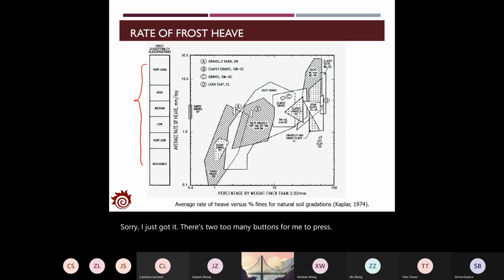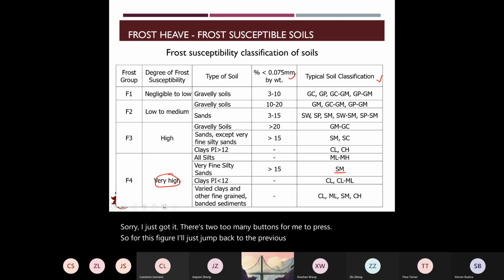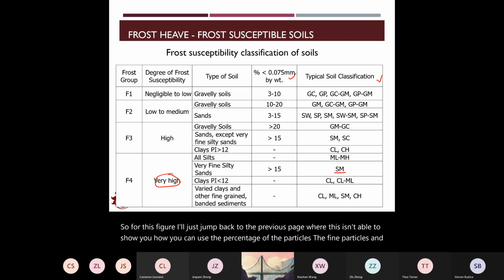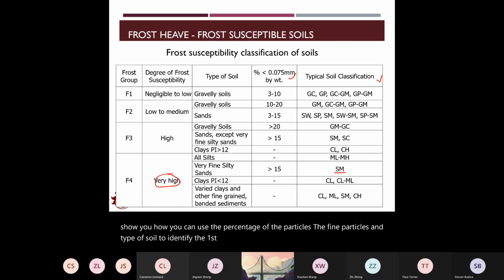So for this figure, I'll just jump back to the previous page. This is the table to show you how you can use the percentage of fine particles and the type of soil to identify the frost susceptibility into 4 degrees.